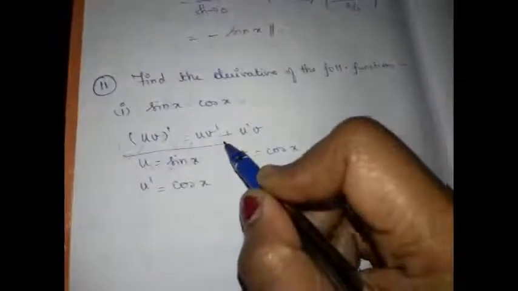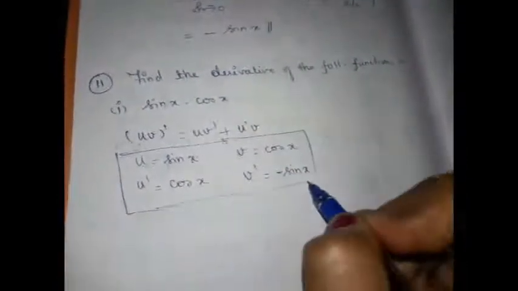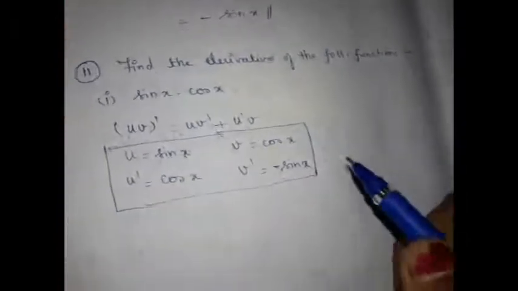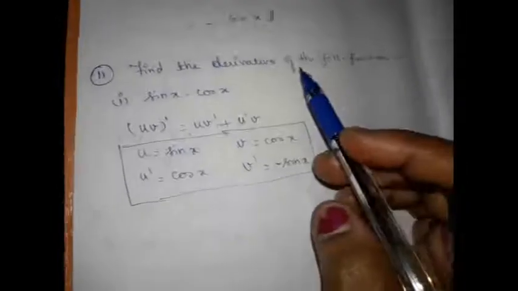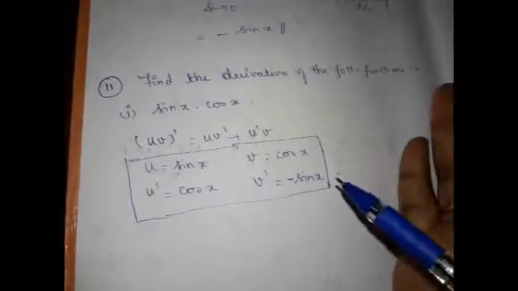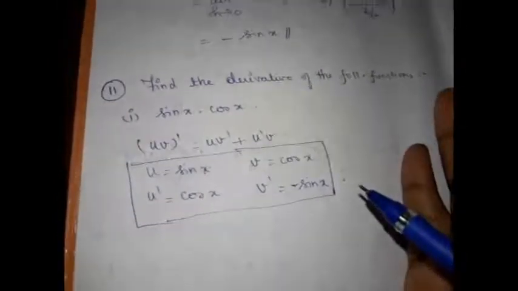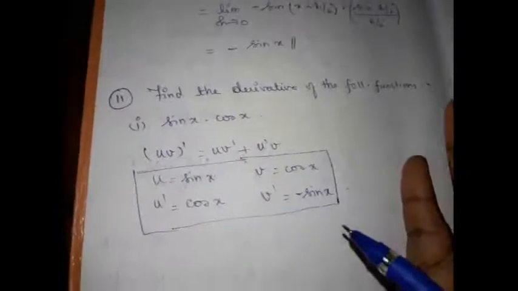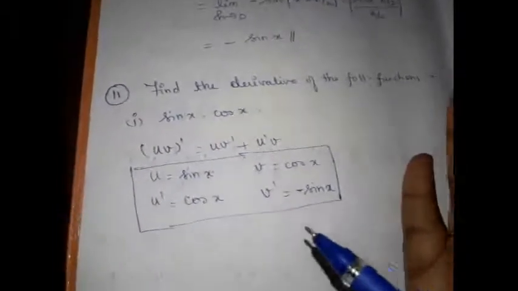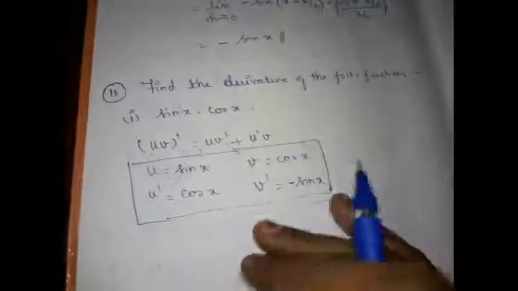So if you remember all these things, we can do the problems easily. And one more thing, if in the question they have mentioned explicitly to find the derivative from first principle, then you have to use first principle. Which is first principle? Using the definition, limit h tends to 0, f of x plus h minus f of x divided by h. If they don't mention, you can perform the derivative directly.